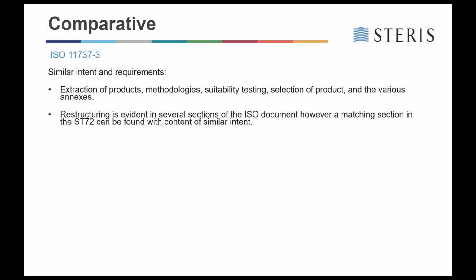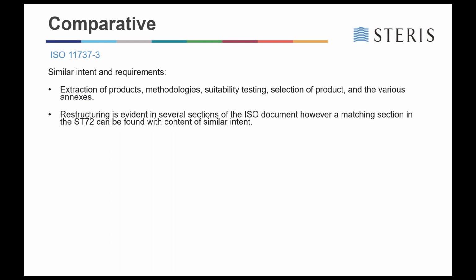Next, we look at the whole document as one, and we can see that there are very similar intent and requirements throughout the document. And these are found throughout the extraction process for products, the methodologies that we use for testing, and how suitability testing is performed to make sure that your product can be used with the BET methodology for an appropriate limit.